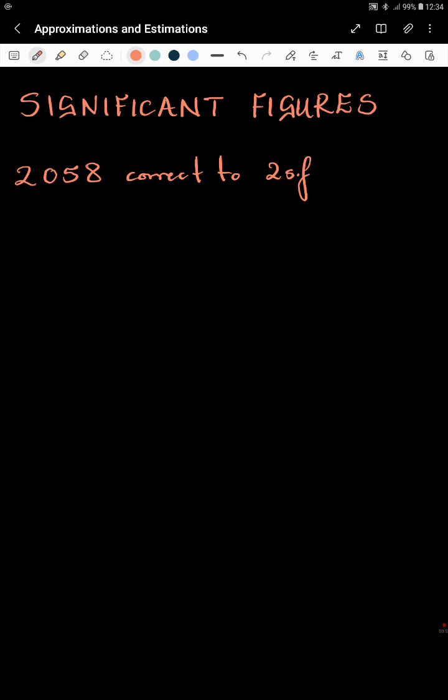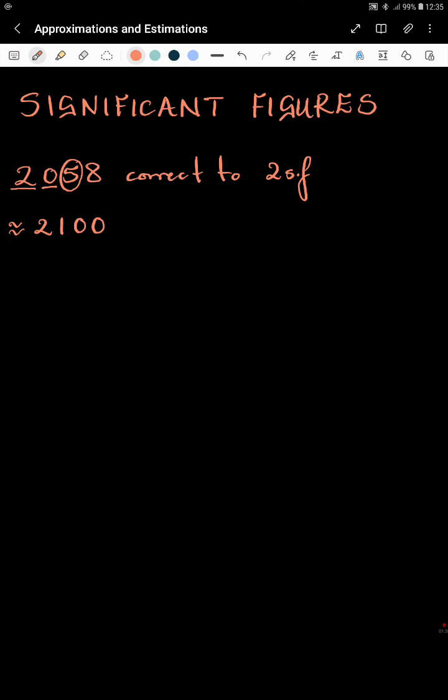This is 2000, right? So I just count 2 and 0, that's 2. Then I look at the next number, and 5 means you are rounding up, so I'm going to round up. So here it's going to be 2100.